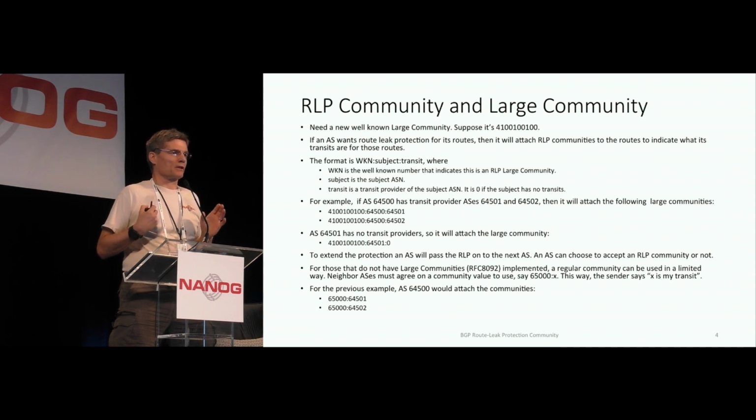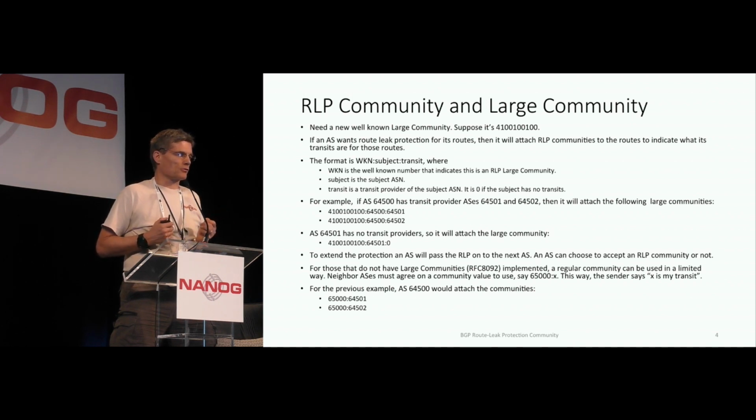I have found that the large community is a convenient place to put that information. So that's what I chose to do. In the large community, again, we have three 32-bit fields. So I've chosen to use the first field to be the well-known number to say this large community indicates a route leak protection.